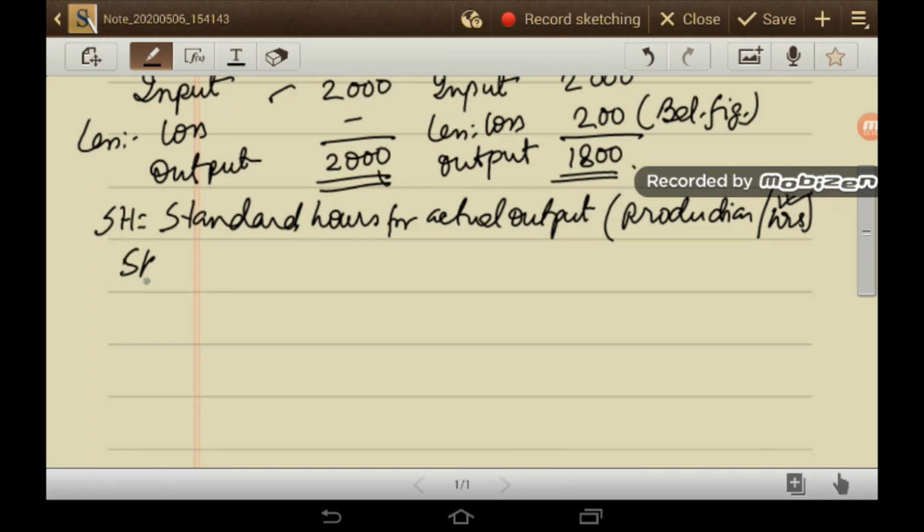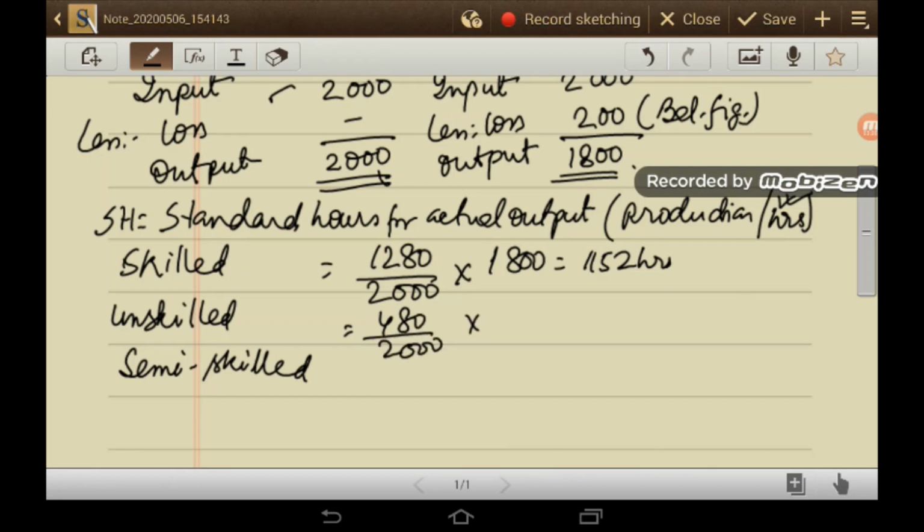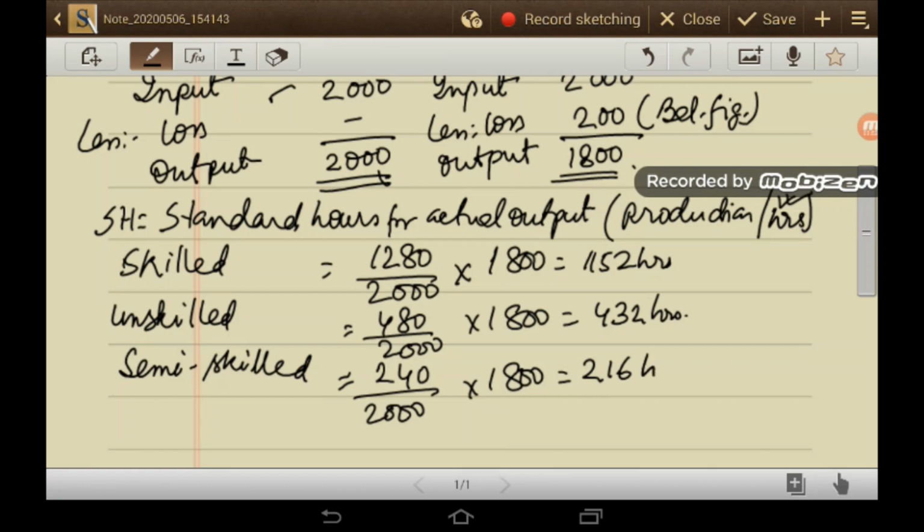So skilled, semi-skilled and unskilled. This will be 1280 by 2000 into 1800, so 1152 hours. This will be 480 by 2000 into 1800, which is 432 hours. And the last one is 240 by 2000 into 1800, which is 216 hours.